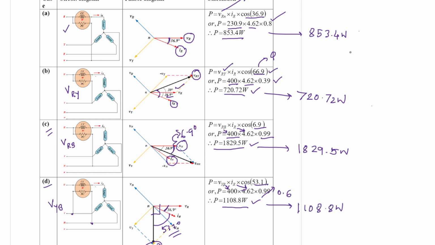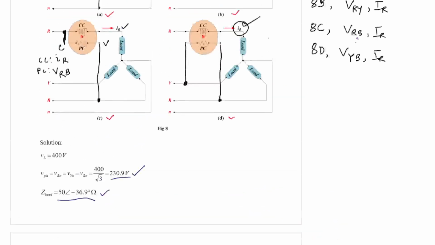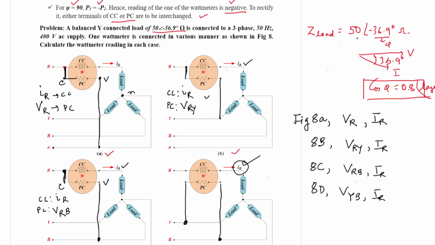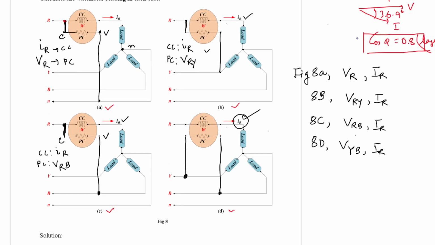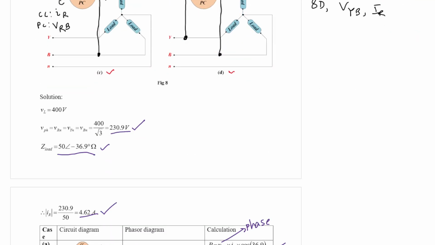So it totally depends on the wattmeter connection. The interesting thing is that it is the same wattmeter, same load, same voltage, same current. However, just the connections of the potential coils are changed. Due to that, the readings of the individual connections are changed. That is a very important observation.